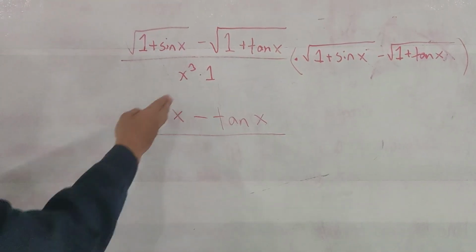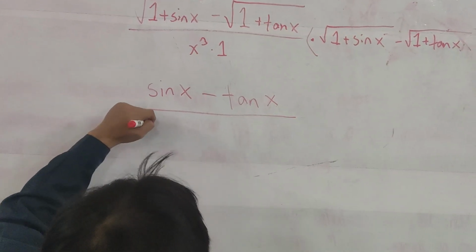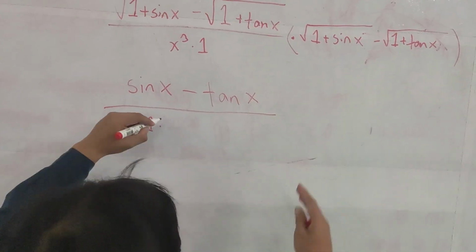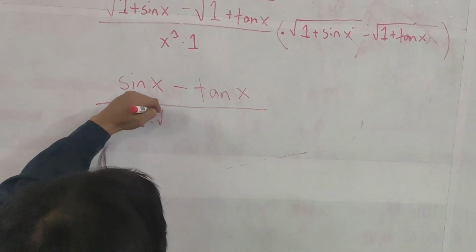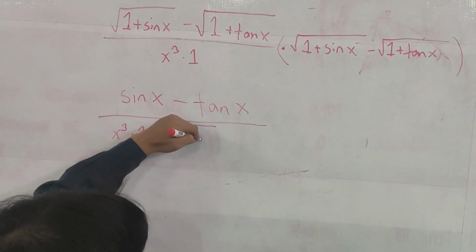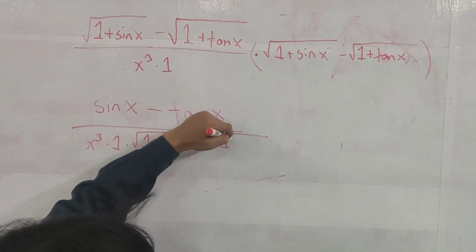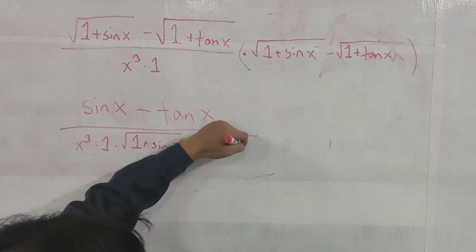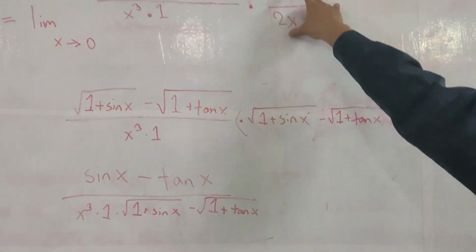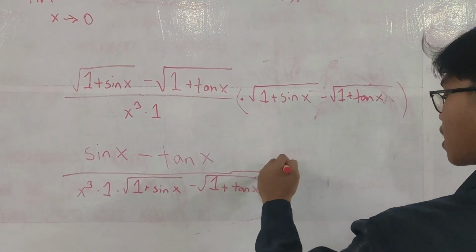And below, we just put this here. So now we have x to the power of 3 times 1 times this entire expression, which is the square root of 1 plus sine x minus the square root of 1 plus tan x. And don't forget to add the expression that we didn't do before.